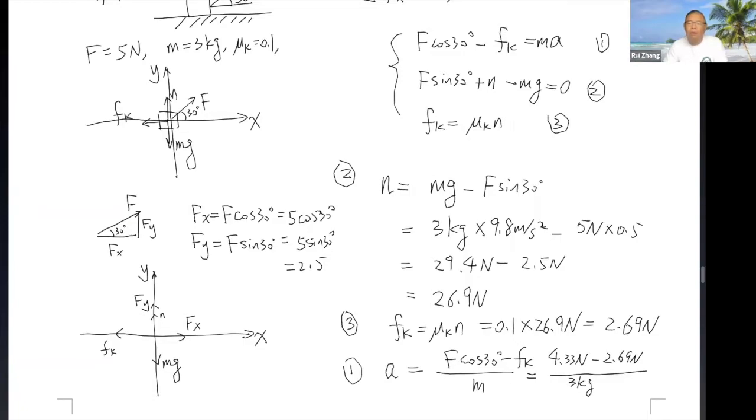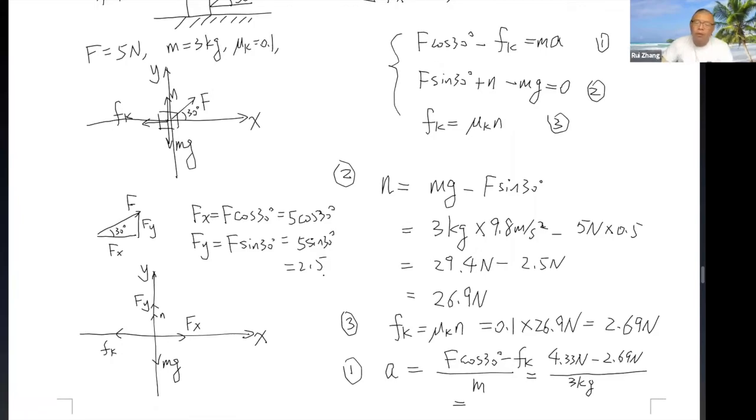Okay, let's see. Some of you are doing the calculation with me. That's great. This way you can practice: 4.33 minus 2.69 divided by 3.